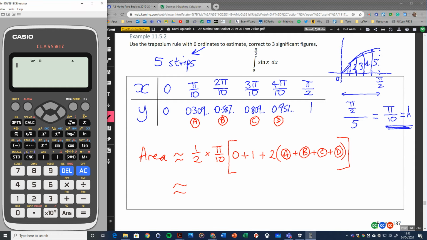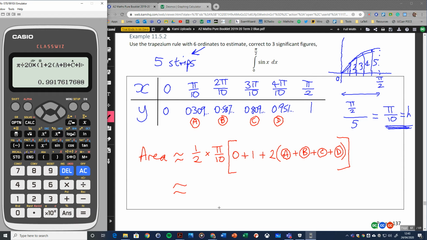Right, let's enter that in. So half of pi over 10 is pi over 20, open brackets. 0 plus 1 is 1, plus 2 lots of, open another bracket, and then alpha A plus alpha B plus alpha C plus alpha D. It might not matter on the calculator, but we do have 2 brackets to close, so I'm going to make sure we do.